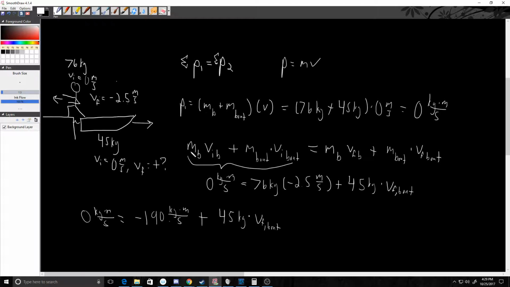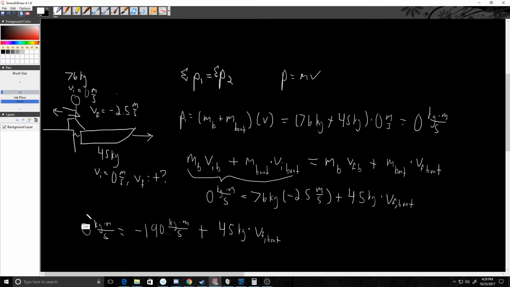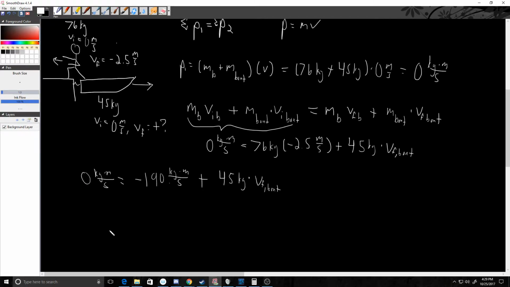All right, so now basic algebra, I need to get this over here. To do so, I just need to add 190 to both sides. Adding 190 gives me 190 kilogram meters per second over here. Then I'm left with 45 kilograms times the final velocity of the boat.